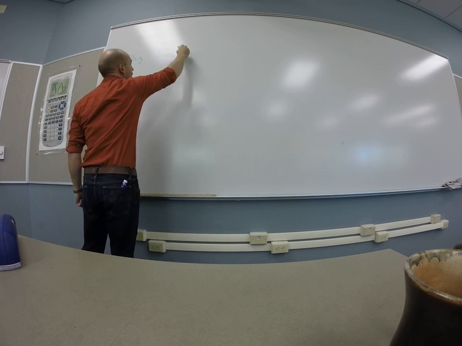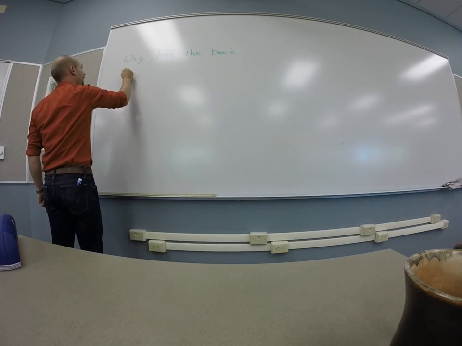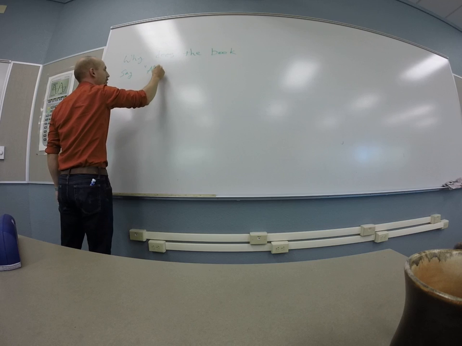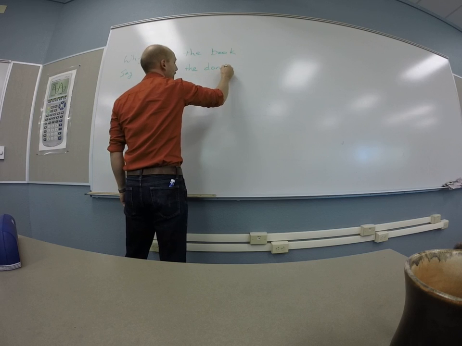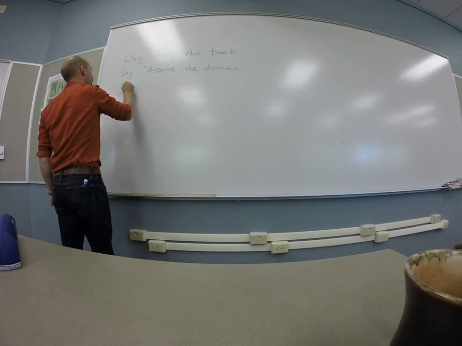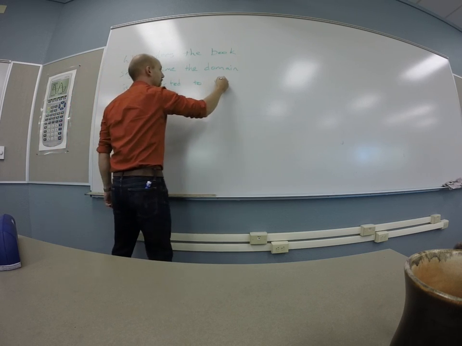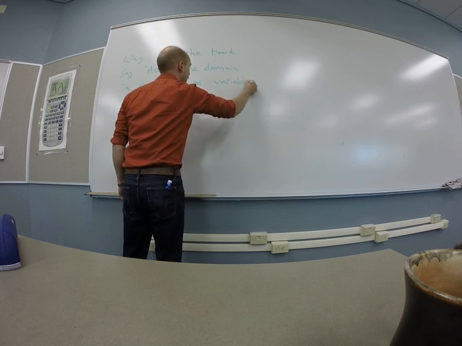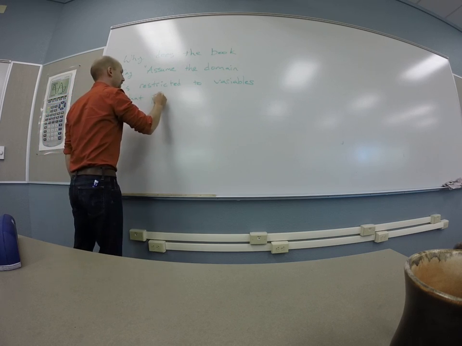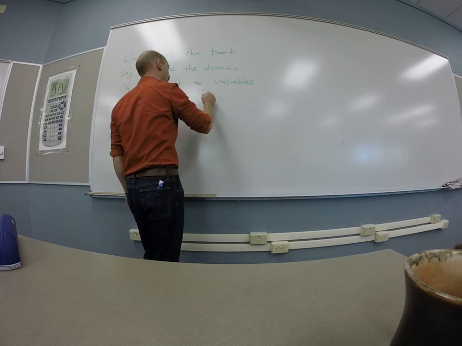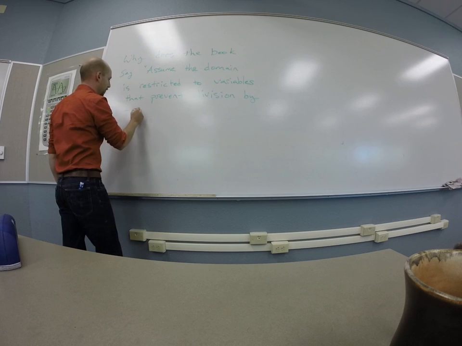Why does the book say "assume the domain is restricted to variables that prevent division by 0," or something to this effect?